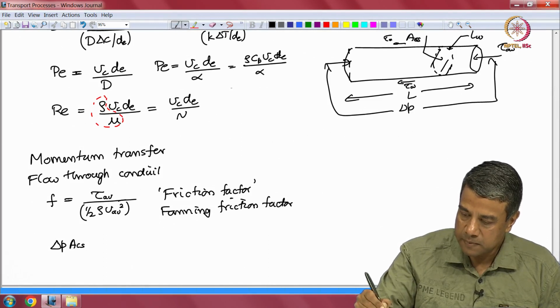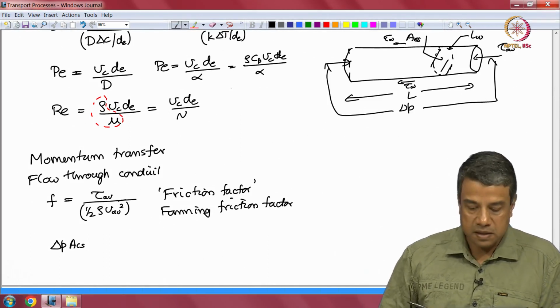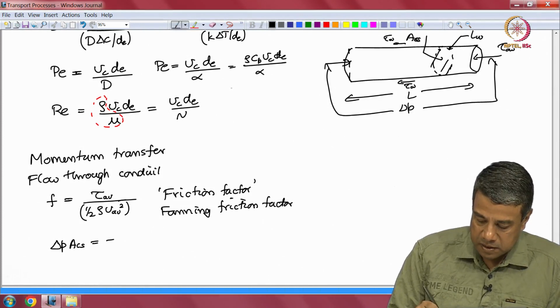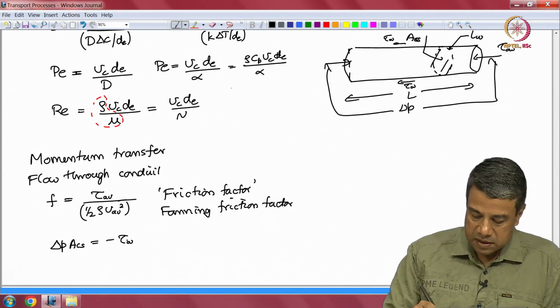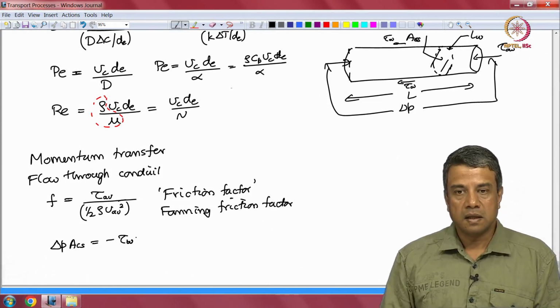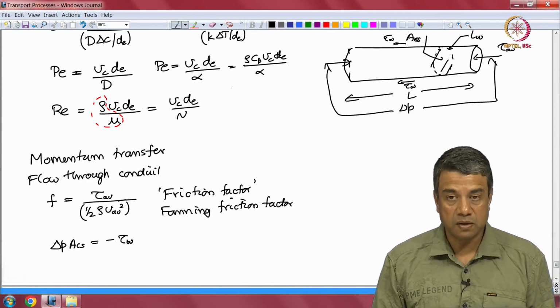That shear stress that is exerted by the wall is equal to minus tau W, because that shear stress is acting in the upstream direction. It is tending to slow down the fluid.